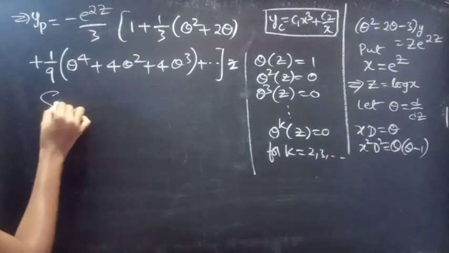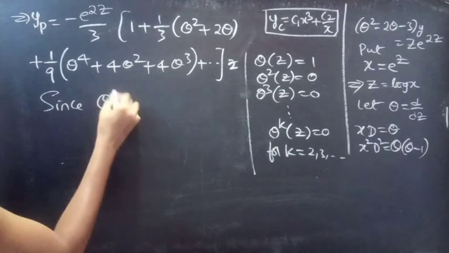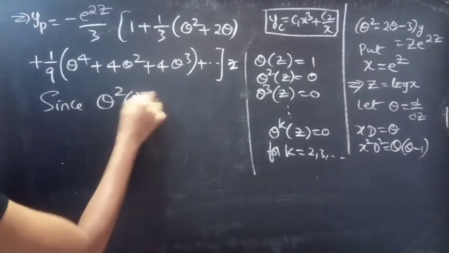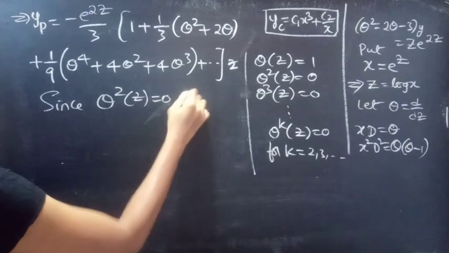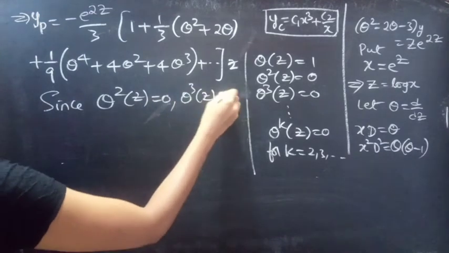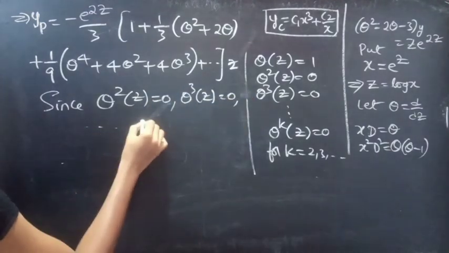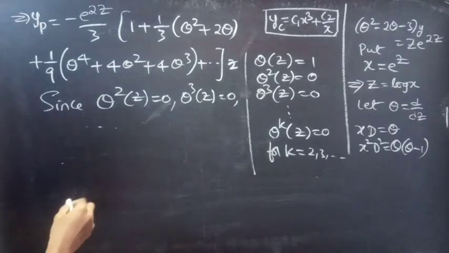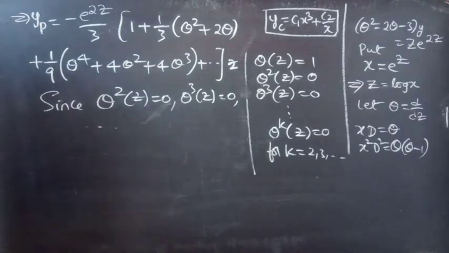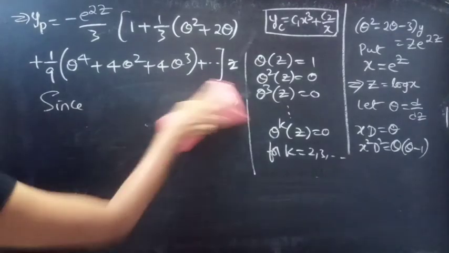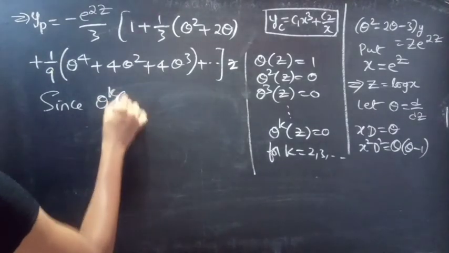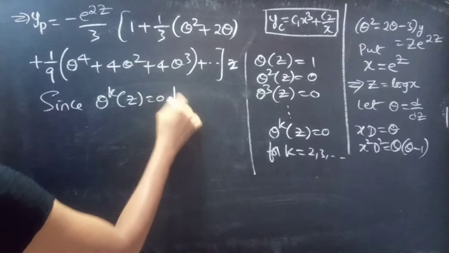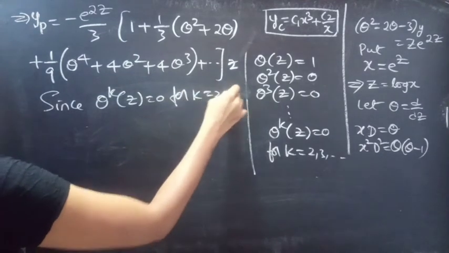Since theta square of z is 0, theta cube of z is 0 and so on, let's write in general, theta power k of z is 0 for k equals 2, 3 and so on.